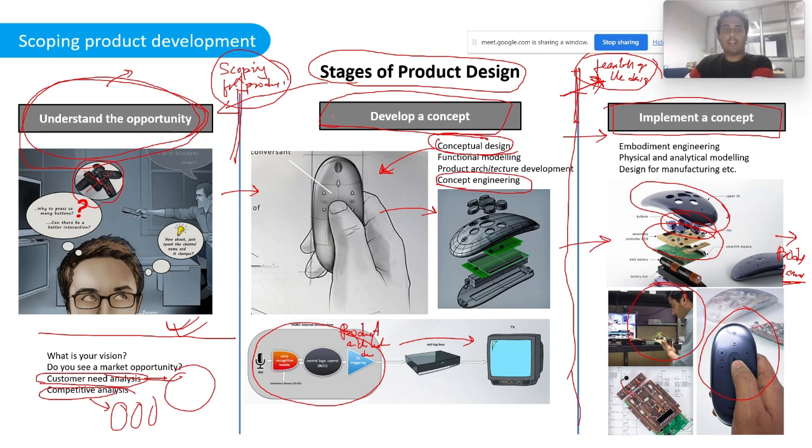Okay, a product development process can be halted at any stage, like at the concept development phase, even at the implementation phase, because of early errors in identifying the opportunities correctly. Okay, so this is the most important phase in any product design process.